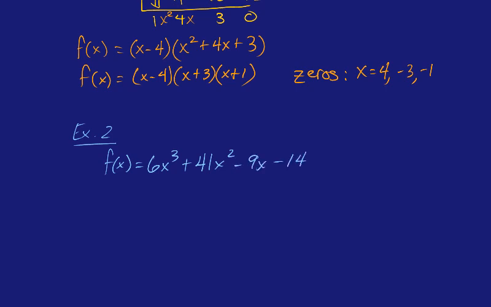And let's say they tell us that a factor is 2x plus 1, which means it's divisible by 2x plus 1.